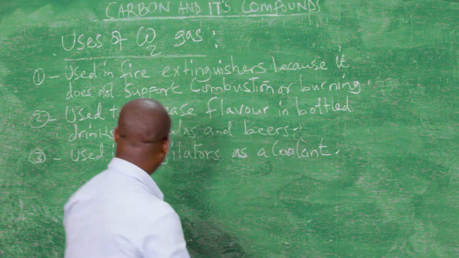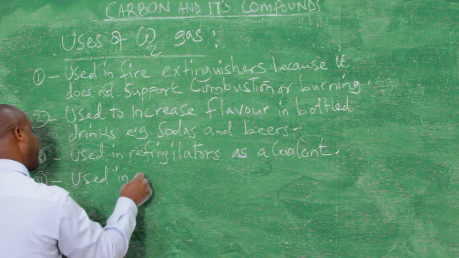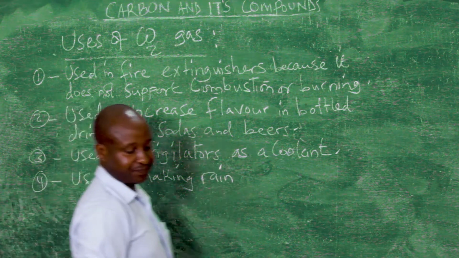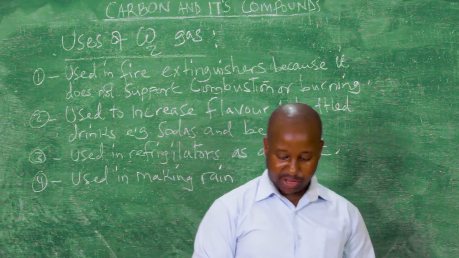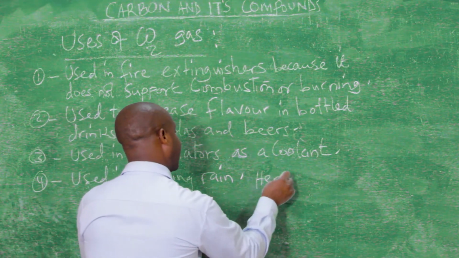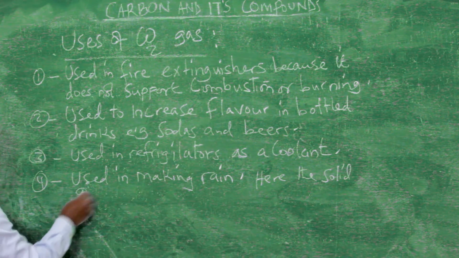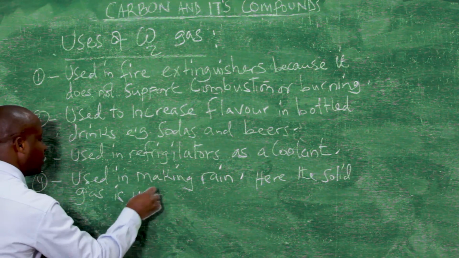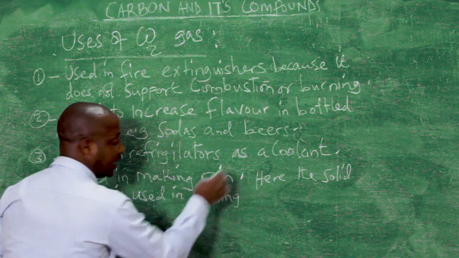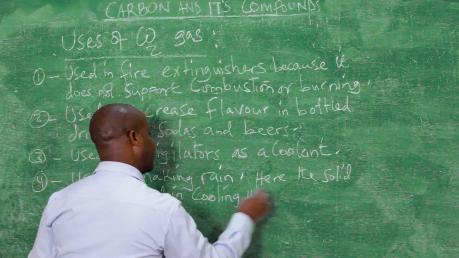So we would say carbon dioxide is used in making rain. Here, the solid gas is used in cooling the clouds.